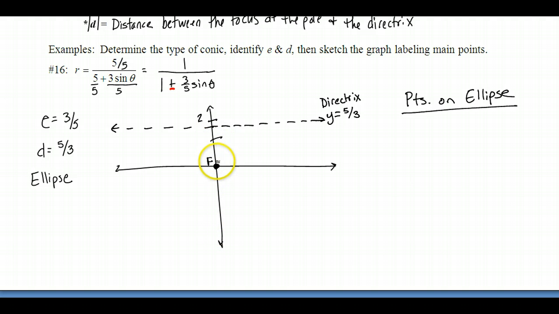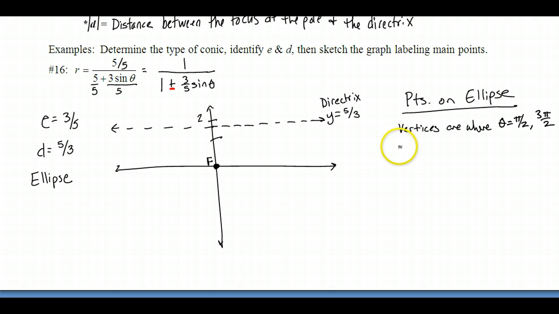So I can plug in a theta value. If I want a point here, I can plug in pi/2, because that would be my positive y-axis, and then I can solve. So I'll write a note that our vertices are where theta is equal to pi/2 and 3 pi/2. But we do have to look at these and adjust and make sure that they make sense.